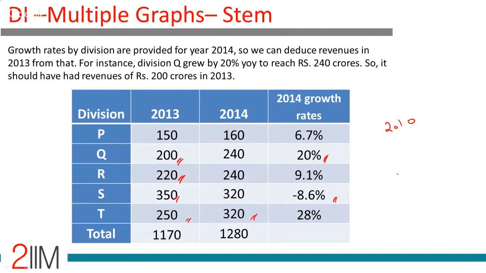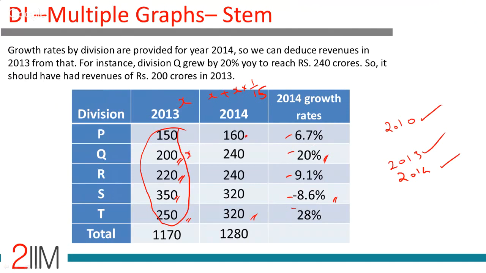2010 we've got, 2014 we've got, 2013 we've got. I'm rushing through this part, not computing every number here. If we know this, we can find this. If this were X, X plus X into 1 by 15 is this. If this were X, X into 1.2 is this.